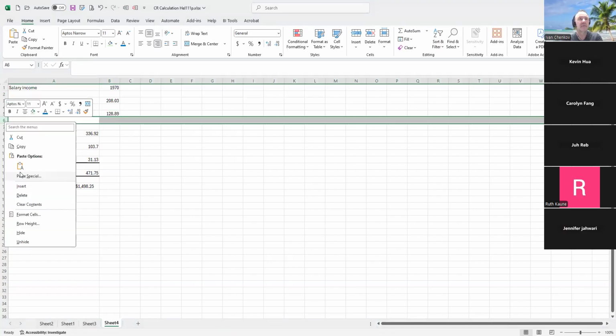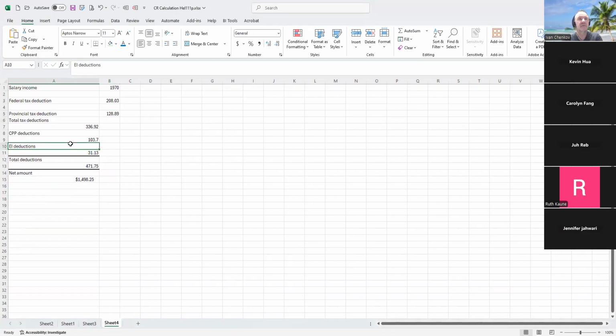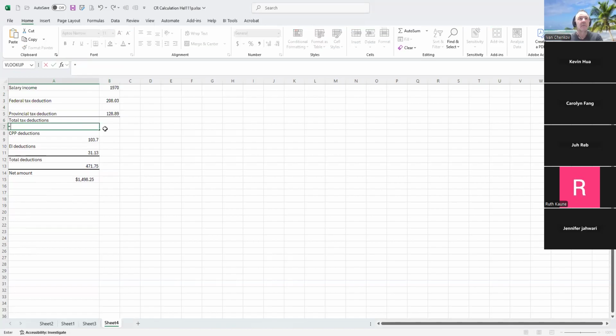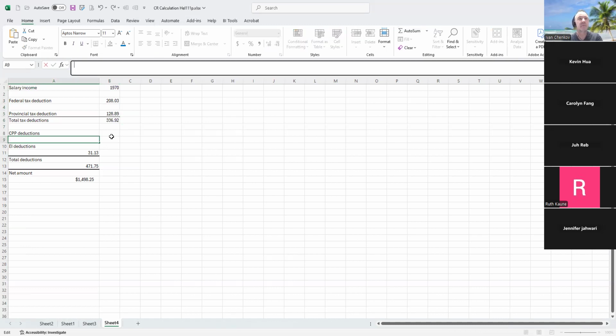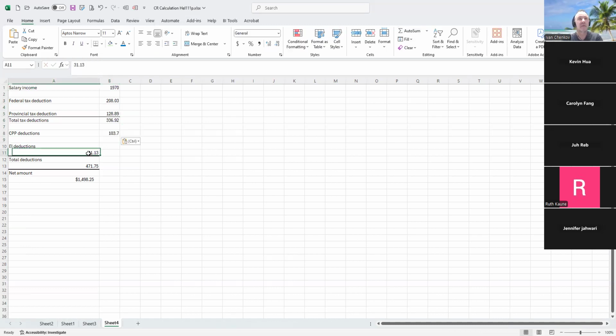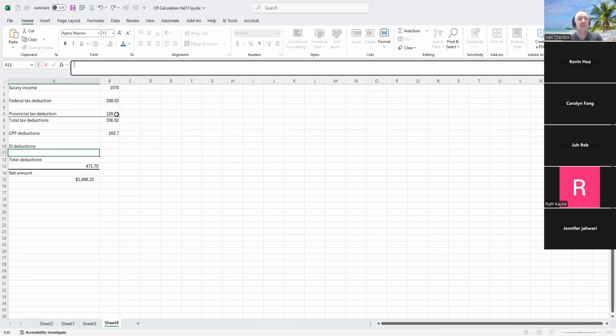Sorry about this, it's raw stuff, so I have to deal with this right away. Total tax deductions will be, no, I don't want this one. It's going to be those two together. Then I'm going to have the CPP deduction, and then the EI deduction.